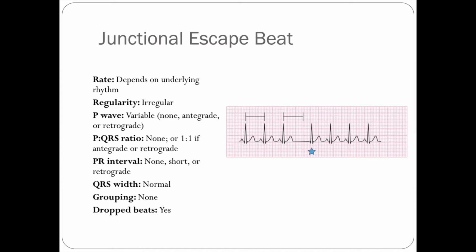And then it's just a simple beat if after that beat, the SA node starts firing again and we get back into a normal rhythm of some sort. So a junctional escape beat is a beat that happens after it's supposed to, and it's trying to prevent cardiac standstill.